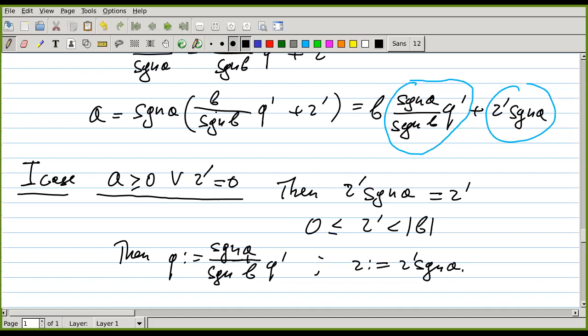Is it clear? Then we have successfully divided A by B. Do you agree?